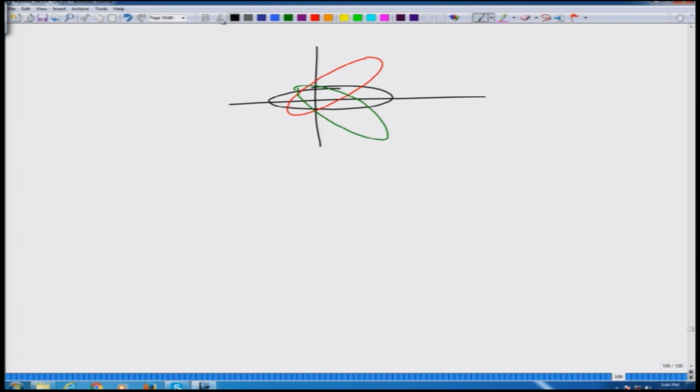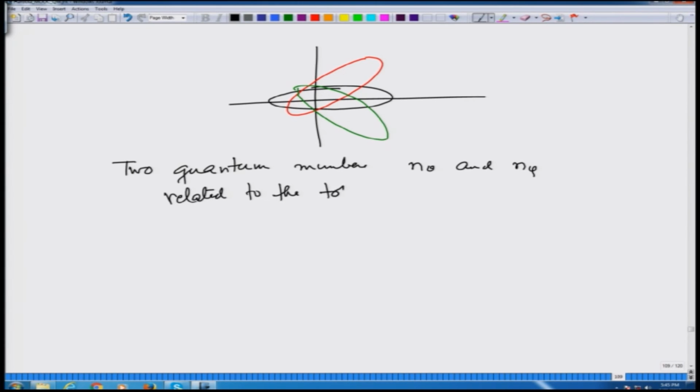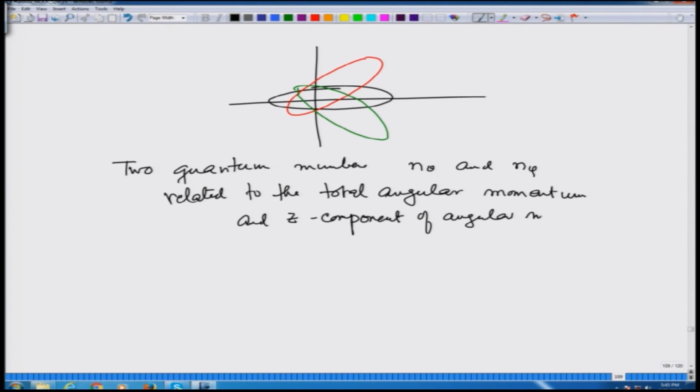So, we have found two quantum numbers, n theta and n phi, related to the total and z component of angular momentum.